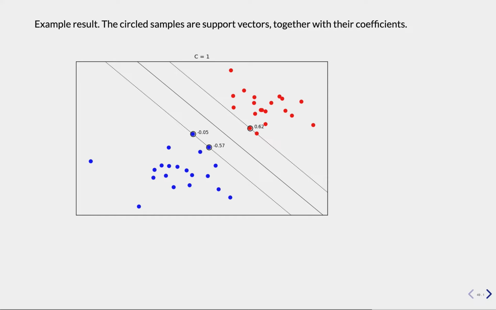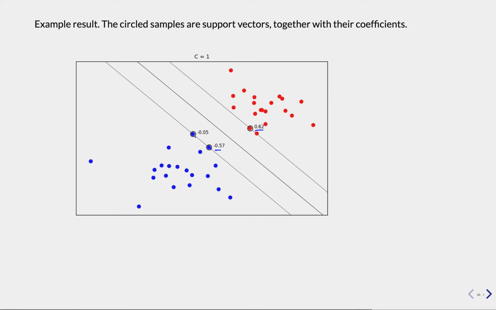Okay, let's look at the example result. So we have red points, green points. We've learned our support vectors, and so basically what the model returns is the support vectors and their weights. So we have one red support vector with weight 0.62, and we have two blue support vectors.